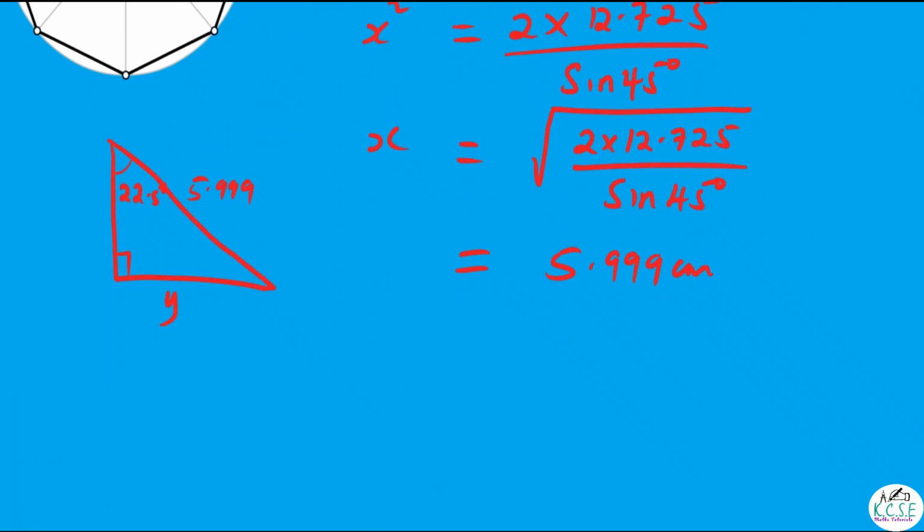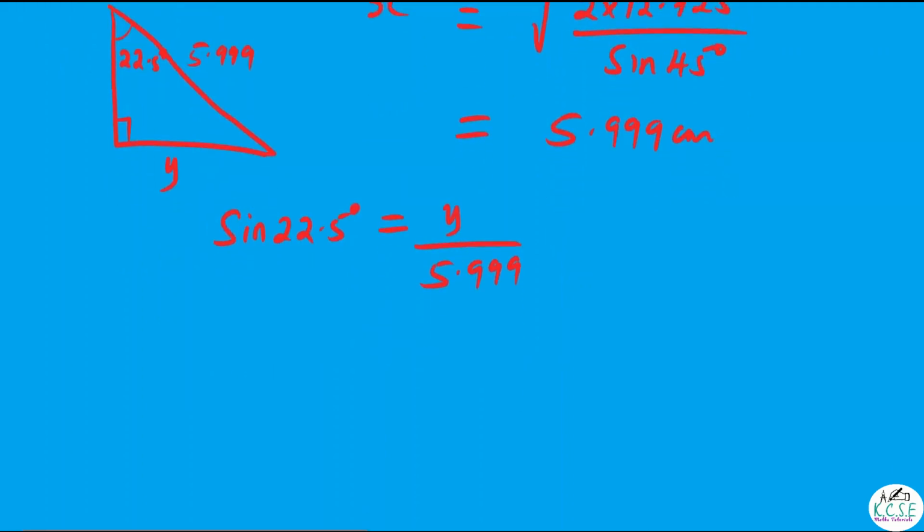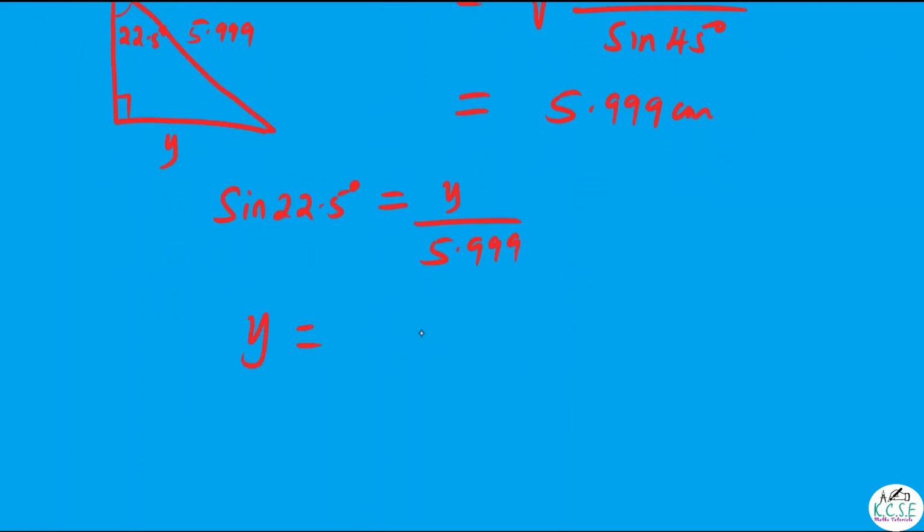So we proceed. We use trigonometric ratios. So this one will give sine of 22.5 is equals to opposite over the hypotenuse, which is 5.999. So in this case, y will be given by 5.999 multiplied by sine of 22.5 degrees.